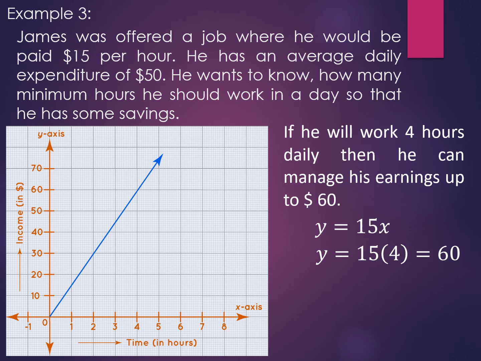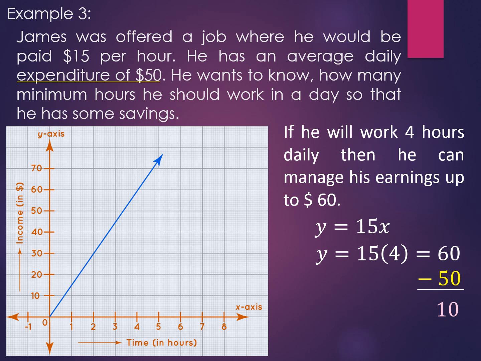So $60. So if he will work 4 hours daily, then he can manage his earnings up to $60. Why I choose 4? Because if it's 3, it is 45. And 45 minus 50 is negative. While 60 minus the expenditure or expenses, 50, at least he can earn $10, okay, in a day.